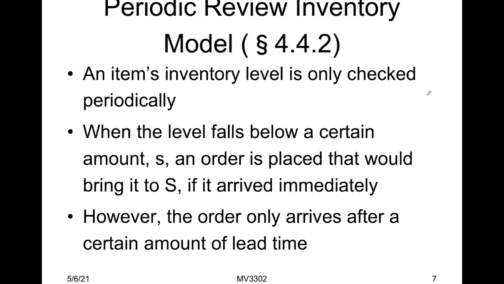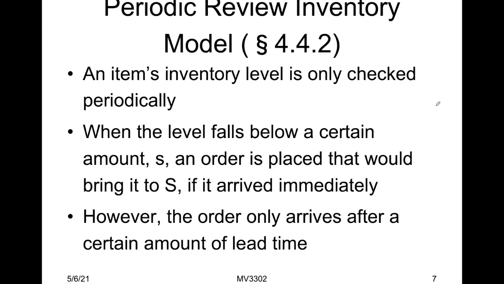For expensive items, yes, you do. But this is something which also occurs with companies. The idea is you only sort of check the inventory level periodically. The opposite of this is something called a continuous review model, but that's not something we're going to be looking at immediately.